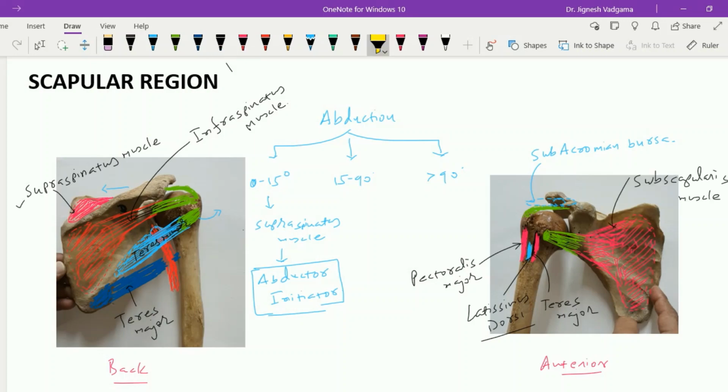So we have learned so many muscles within the scapular region. Out of them, the muscles which insert over the greater tubercle and the lesser tubercle of the humerus enclose the shoulder region outside the capsule, and the tendons of these muscles blend with the capsule of the shoulder joint and give additional protection to it.